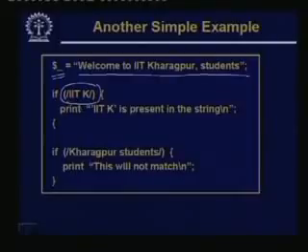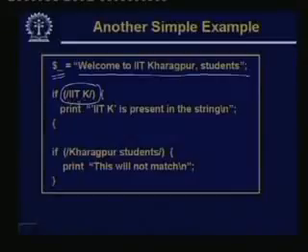Again, if I want to search in $_, we need not specify anything. Just in the if condition, if we specify the regular expression in slashes, Perl will interpret that this is the regular expression and we need to search if this is present in the default string $_.